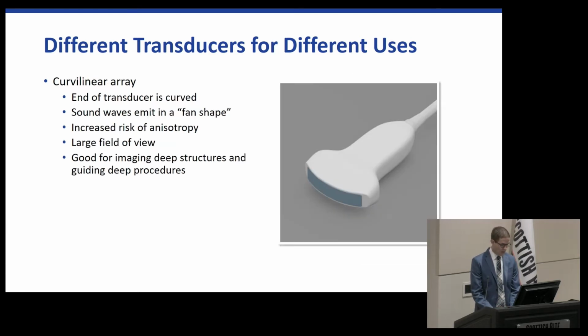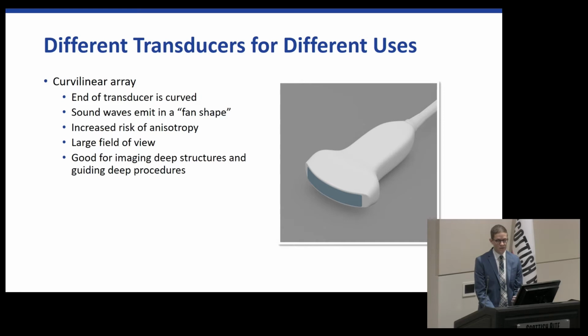Whereas this other probe we see, you see how the end there has a curved end, and so it can have kind of a phased or fan-shaped array of sound waves that it emits. And so therefore, on your screen, you actually have a wider field of view. The other benefit of this curvilinear probe is it's used more for deeper structures, okay?